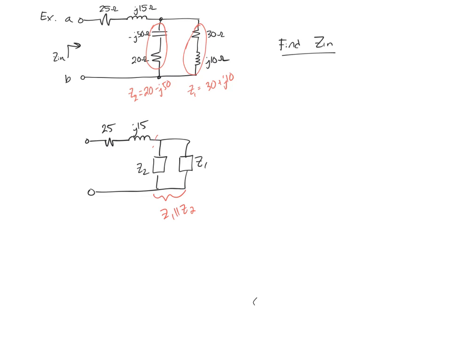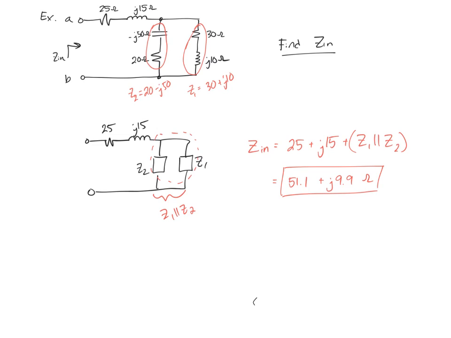Once we have that parallel combination, every element is in series, so we can write the end expression of Z equivalent as the series combination of the 25 ohm resistor, the inductor with impedance j15, and the parallel combination of Z1 and Z2. Performing that math, we can simplify this to 51.1 plus j9.9 ohms.